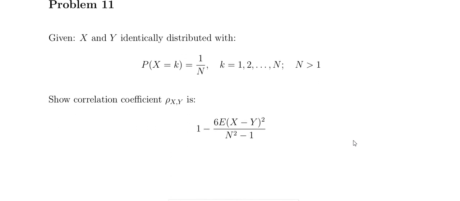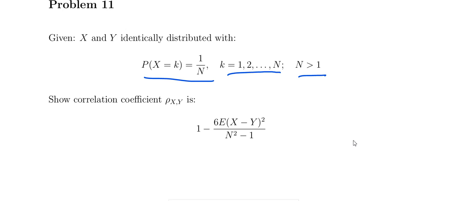And the x and y identically distributed, p of x equal to k equal to 1 by n, k equal to 1 to n, and n is greater than 1, then the correlation coefficient is, for the probability function 1 by n, k equal to 1 to n, p of x equal to 1 is 1 by n தான், 2 1 by n தான், n க்கு 1 by n தான், like that. The n என்றது greater than 1.